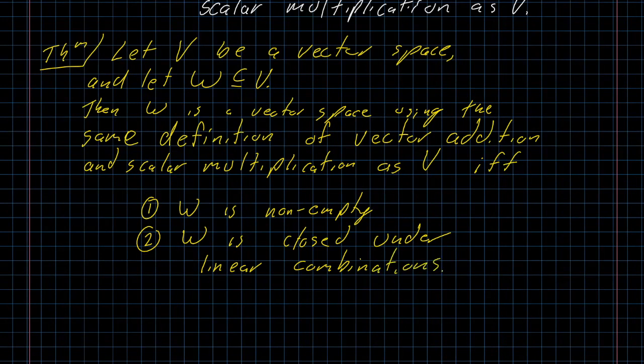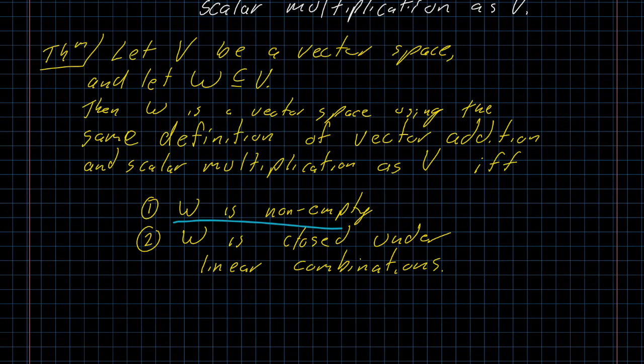We had this definition, or this theorem, when we were talking about subspaces of Euclidean vector spaces. So this isn't anything new. Although I do want to emphasize here, W is non-empty.